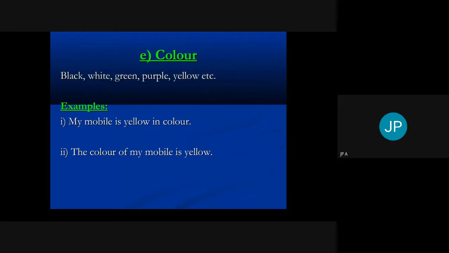Then we can mention that color, but normally if these objects come in many different colors, then there is no need of mentioning the color. So that is the next property that we can describe. You can also see in that example the same meaning is given in two different sentences by giving different structures.